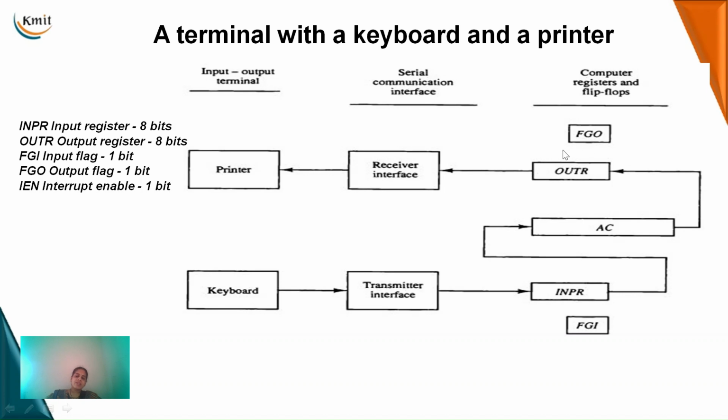That information will be transmitted through the receiver interface to the output device such as a printer. Until the information from the output register is printed by the printer, the FGO flag will be set to 0. Once the information is given as an output, the FGO flag will be made 1 again.